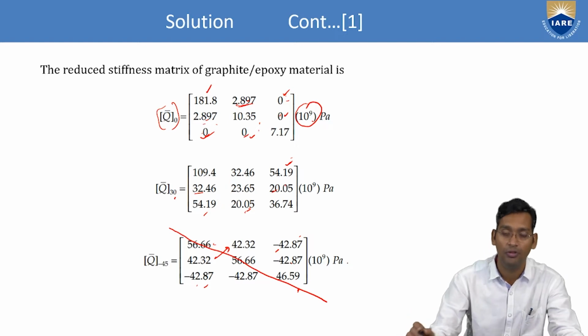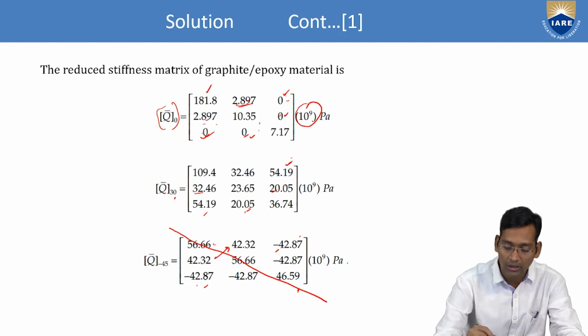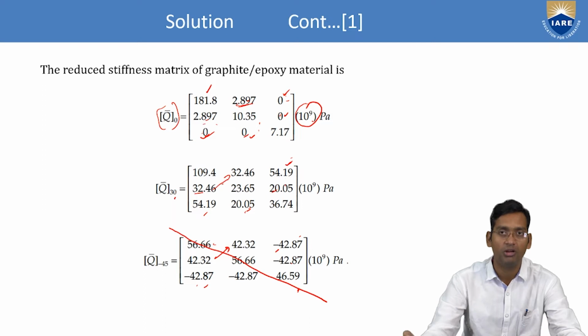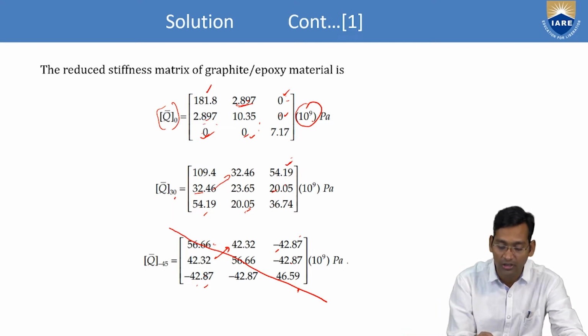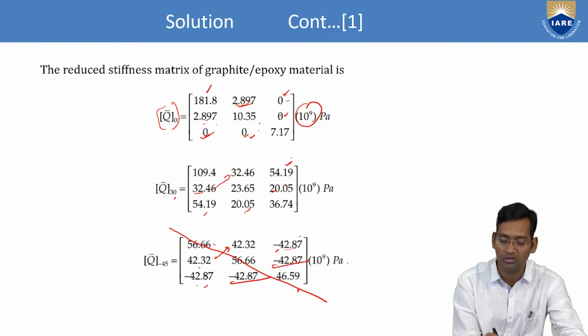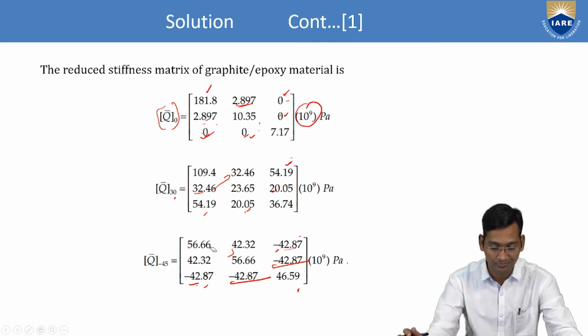Now just see here, from here what we can conclude. Here only two are symmetrical. But in this case, how many are there? Four are symmetrical: minus 42.87, minus 42.87, minus 42.87, and here, so a total of four are there. And here you can see 42.3, 42.3, two are there, and 56.66 and 56.66, so two are there.